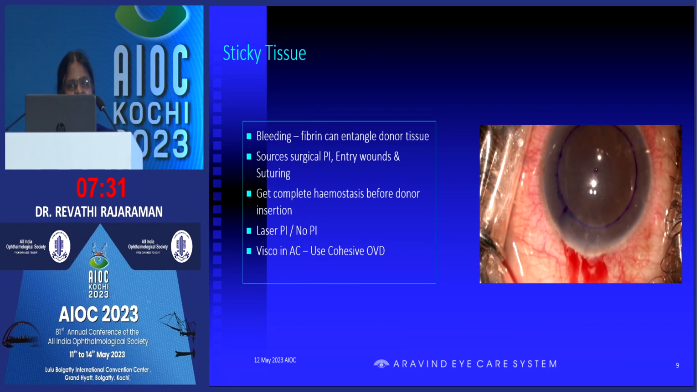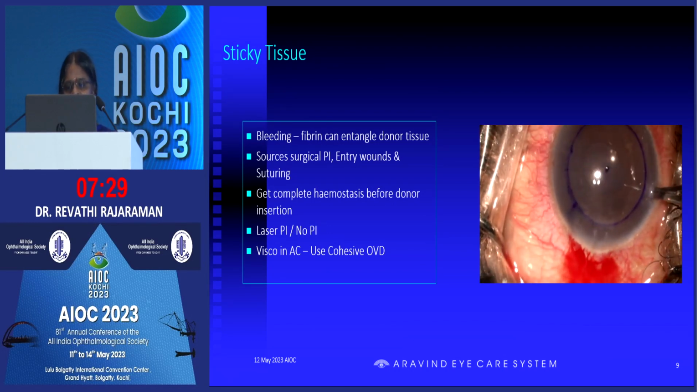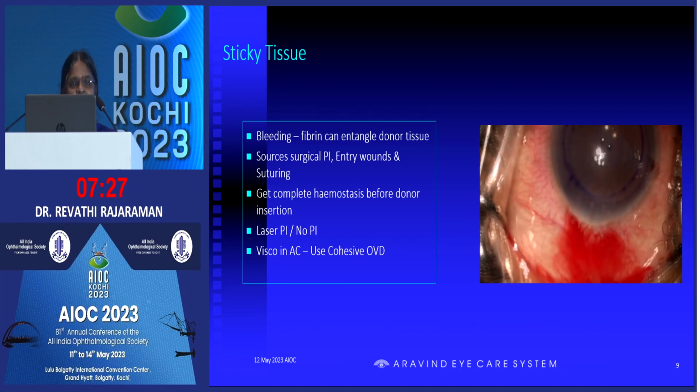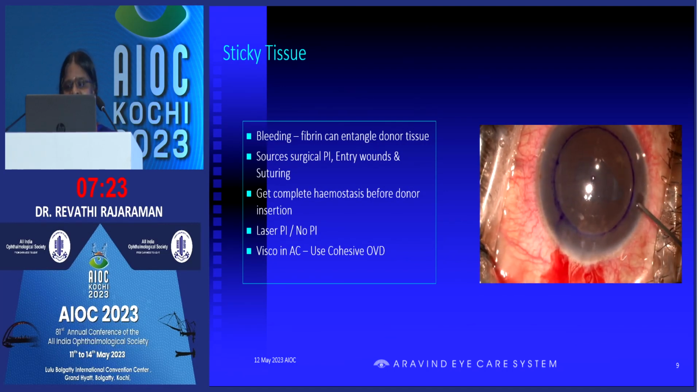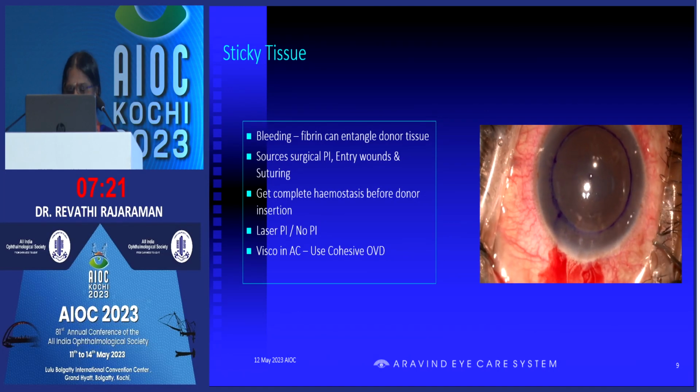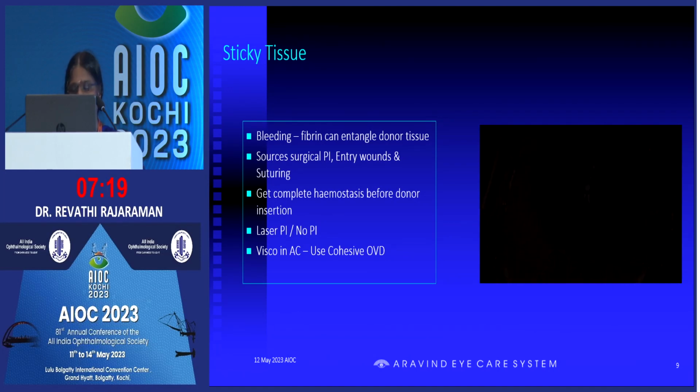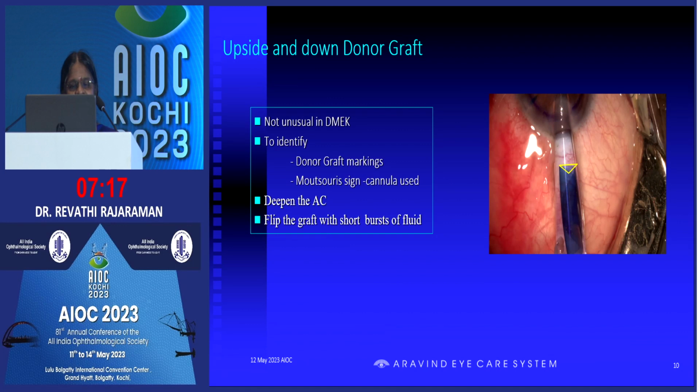Then sticky tissue is a major problem. I don't have a video to show exactly what a mess it can be. But whenever you get bleeding like this, always wait for the bleeding to completely stop and then do the tissue injection. And again, as Dr. Fogla mentioned, we have to verify this open edge before injecting, then only we can get the correct orientation in the anterior chamber.